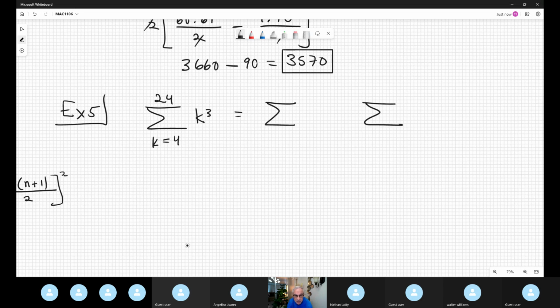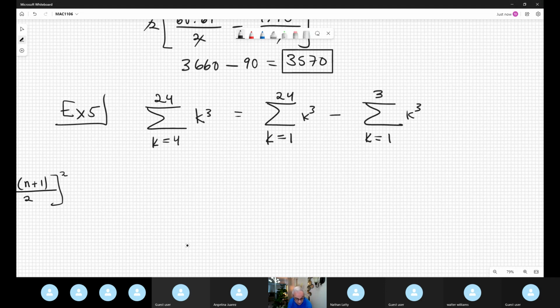This summation starts from 1 to 24, that's a full one. And this summation starts at 1 again. I need 1 here: 1, 2, 3. That's the previous of 4. And subtraction.